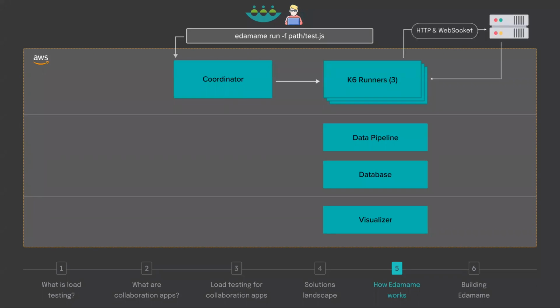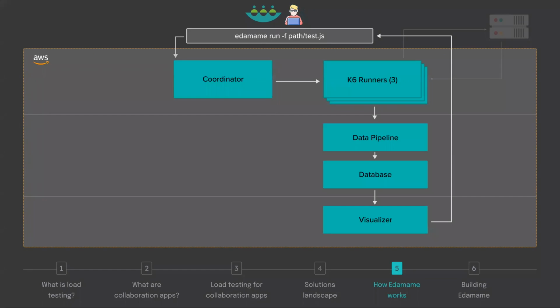When this is ready, we send a signal to the coordinator to synchronize and start the runners. The runners then send HTTP requests and establish WebSocket connections to the server specified in the test script. Any client-side data for metrics now gets sent down to the data pipeline, where it gets processed and then sent to the database for storage.